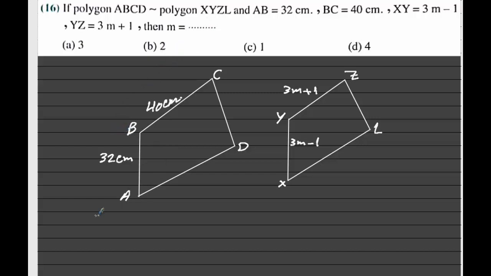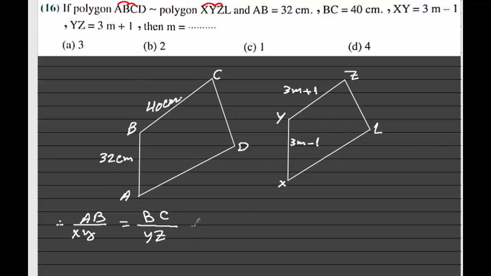The two polygons are similar, so the corresponding sides are proportional. Then AB over XY equals BC over YZ. Again, since the two polygons are similar, you can write AB over XY equals BC over YZ, and so on.